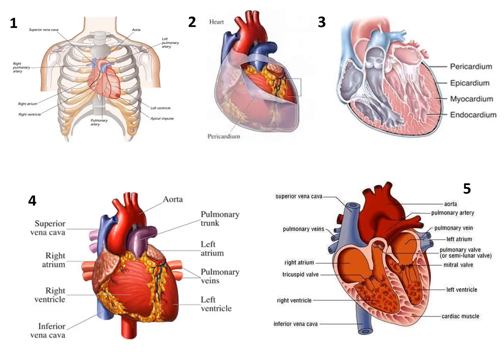The pulmonary veins bring oxygenated blood from the lungs back to the left atrium. The pulmonary artery leaves the right ventricle, carrying deoxygenated blood to the lungs. The aorta leaves the left ventricle, carrying oxygenated blood to the body.